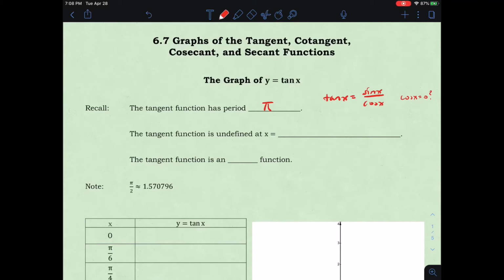So if you remember, cosine of x equals 0 when your angle corresponds to either this point or this point on the unit circle, because cosine of an angle whose terminal side lies on the y-axis would correspond to the x-coordinate of that point. So if you think of all the angles whose terminal side lies on the y-axis, they would all just be odd multiples of pi over 2.